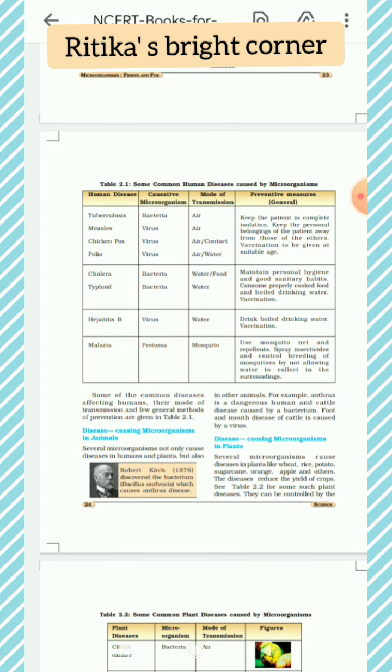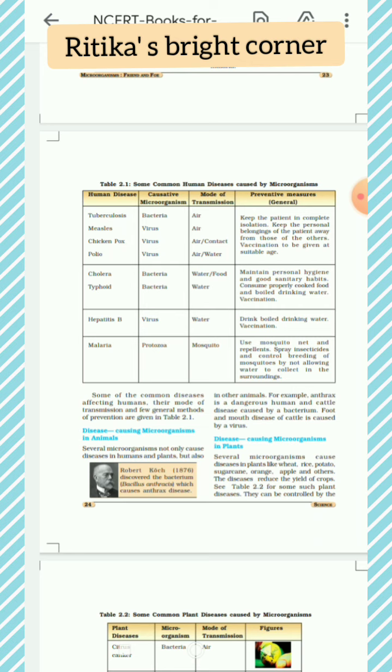Chickenpox is also caused by a virus, and it spreads by contact with an infected person and also through air. Polio is also caused by a virus, and its mode of transmission is air and also water. For prevention, we should keep the patient in complete isolation, keep the personal belongings of the patient away from others, and give vaccination at a suitable age.